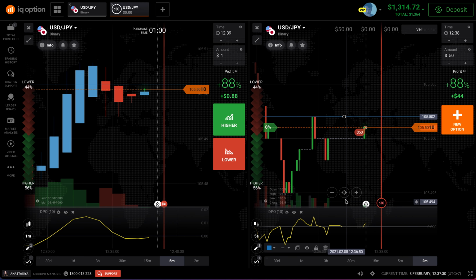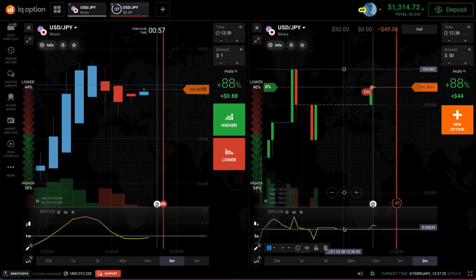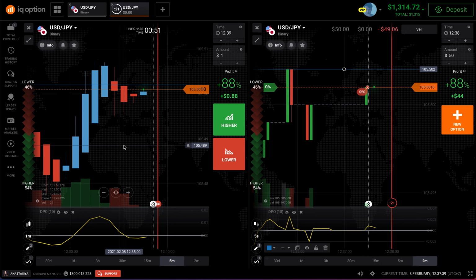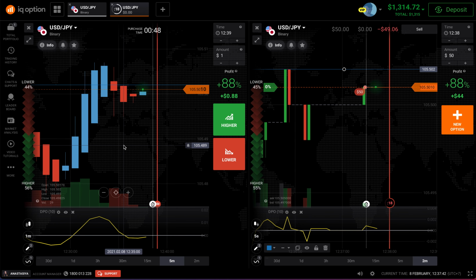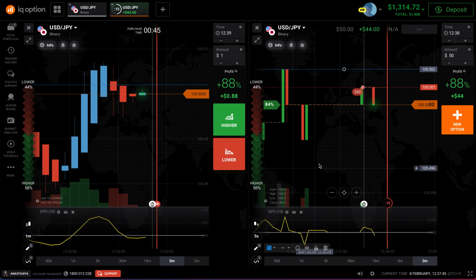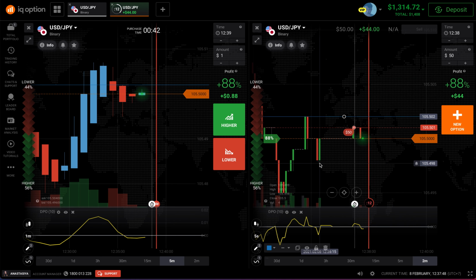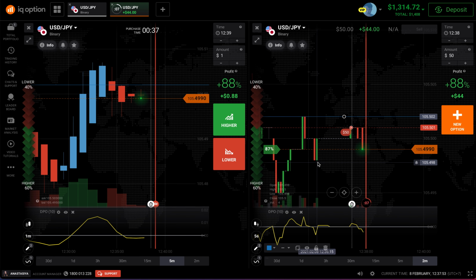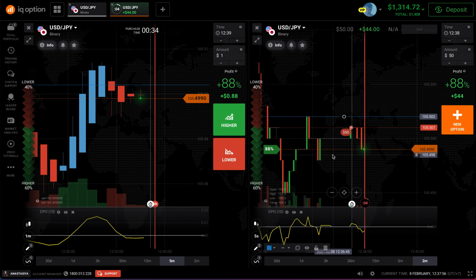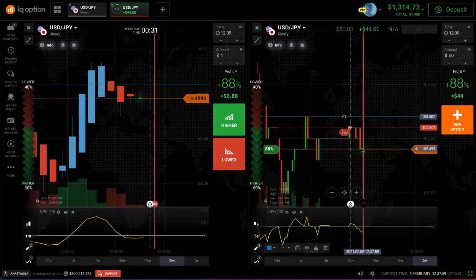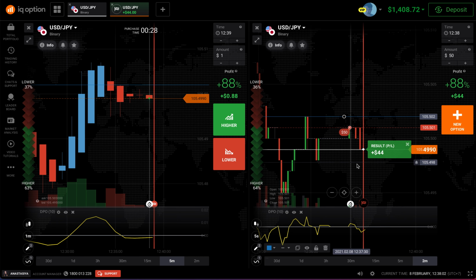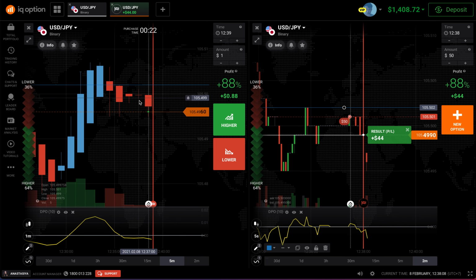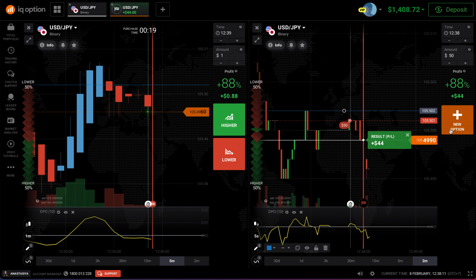Yep, around here is a good one, because it seems like the DPO should go back into the red zone. Okay, hold on for another couple seconds. Awesome, so good one here, and now the pressure is more onto bearish.